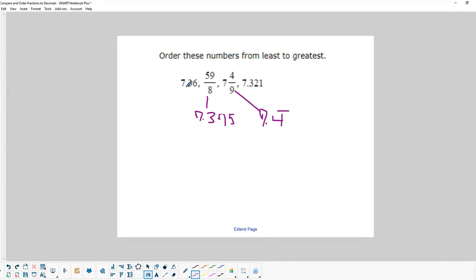And then I got these other two. So I notice that 7.4 repeating is my biggest number. Then as I go through the other numbers, 7.36, 7.375, it looks like that 7.375 right there is my next biggest number.